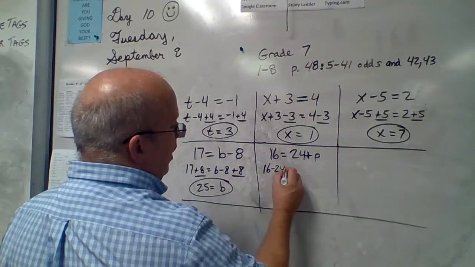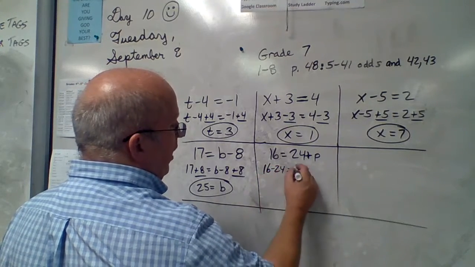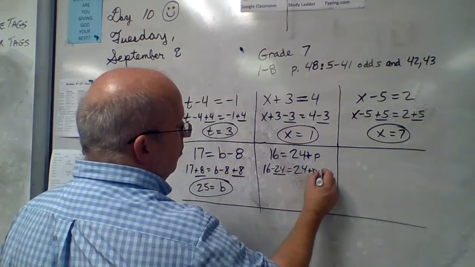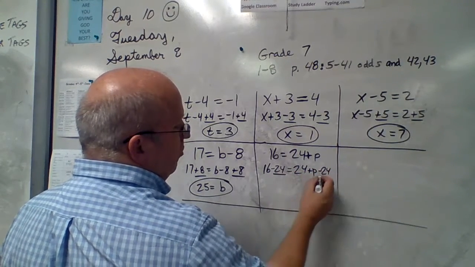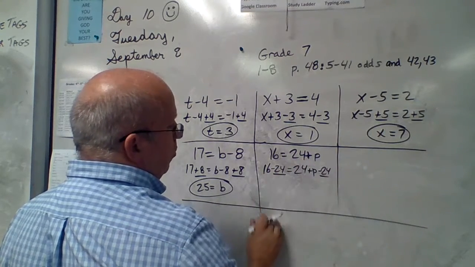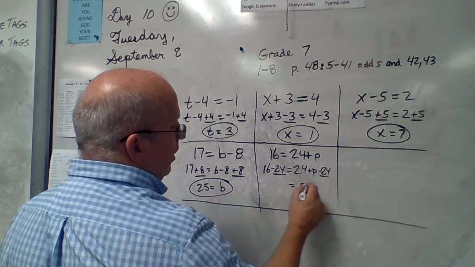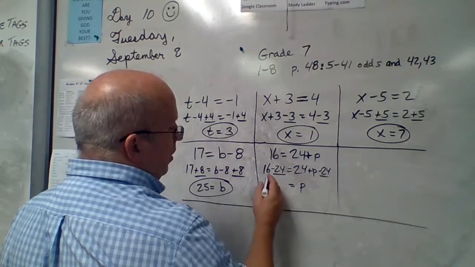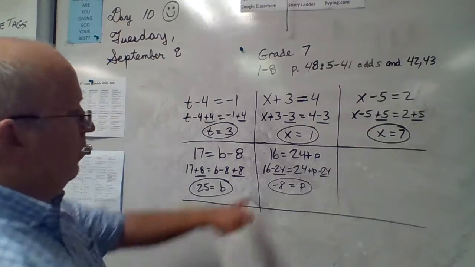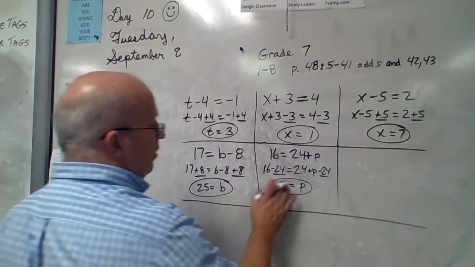Subtracting 24. And you'll notice I'm going to do this to both sides of the equation. When I do that, I get p on the right side, and negative 8 on the left side. 16 minus 24 is negative 8.